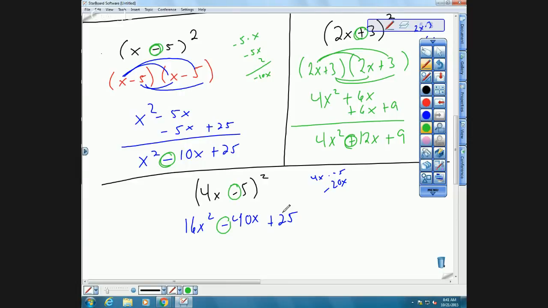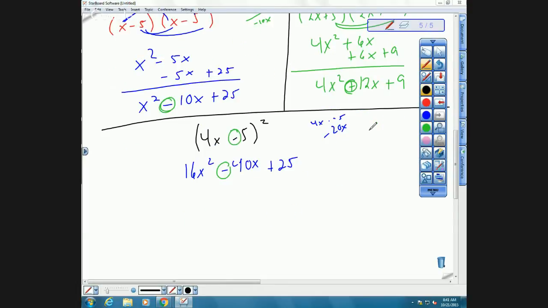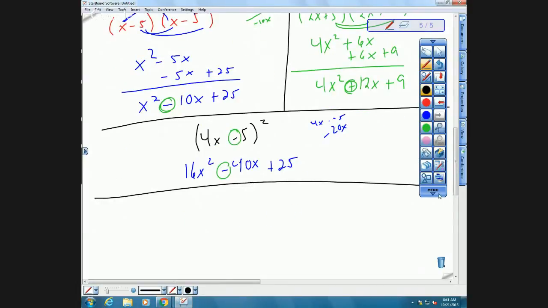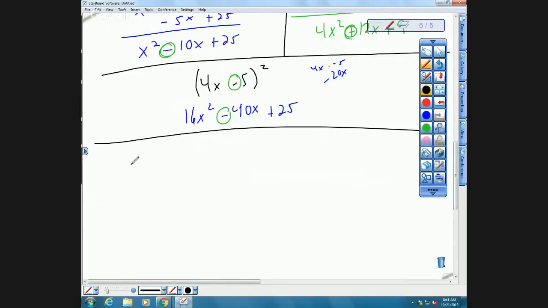So there's the first shortcut, which again, you can just FOIL. You can probably FOIL quicker. The other shortcut is if I have x minus 7 times x plus 7.